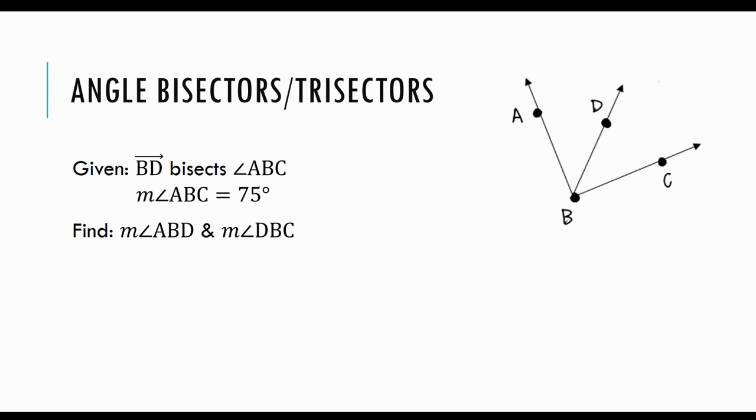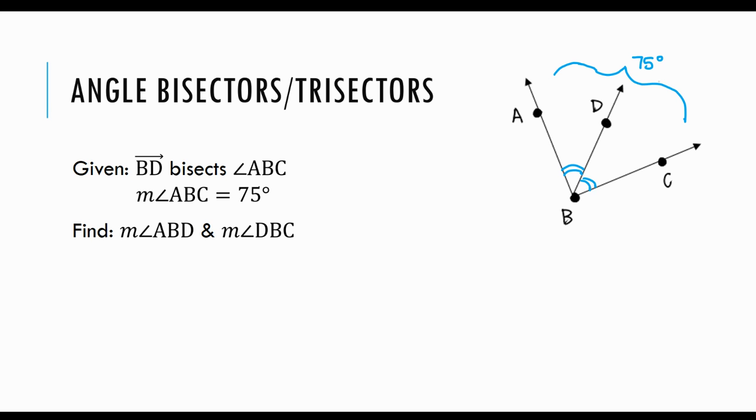All right, if we take a look at this next one, we're told that the ray BD bisects angle ABC. So once again, we can mark up our picture. Bisect means to divide into 2 equal pieces. So I marked each of those smaller angles as congruent. We're also told that this big angle of ABC is a 75-degree angle.